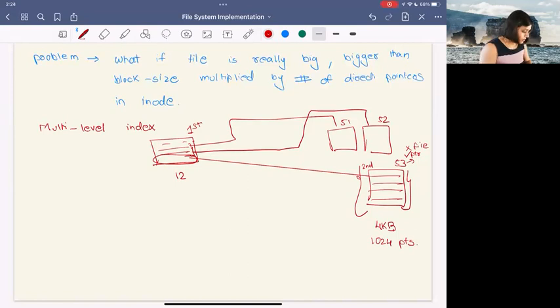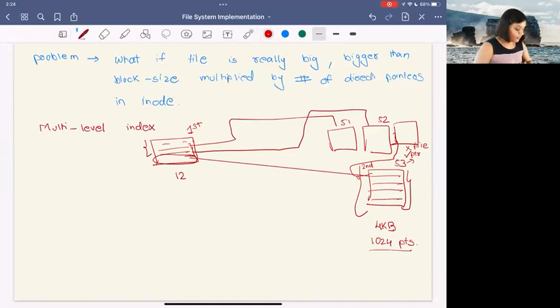And thus now in total, we could store the original pointers that we could fit into this first level, plus these pointers that we could fit into this entire new level. So then the first pointer of this new block could point to the block which stores the third location of the data, like the third part of this file.